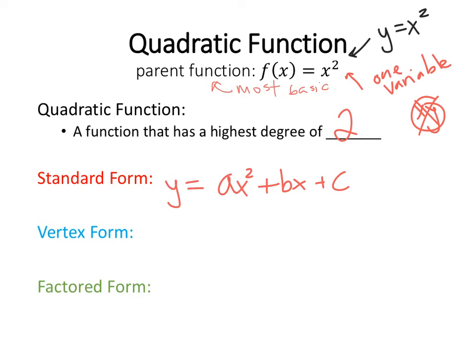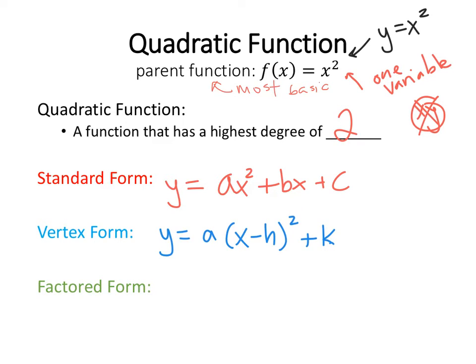The second thing that we're going to work with is something that we call vertex form. Vertex form is y equals a, in parentheses, x minus h squared plus k. This is something that we're going to get into later, but at least look at these things. Each one of these values means something a little bit different, but notice since we have a degree 2 right here, that's what makes this a quadratic.